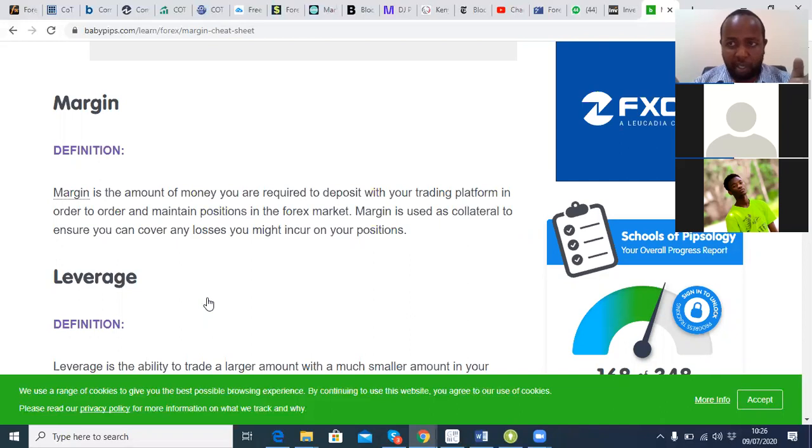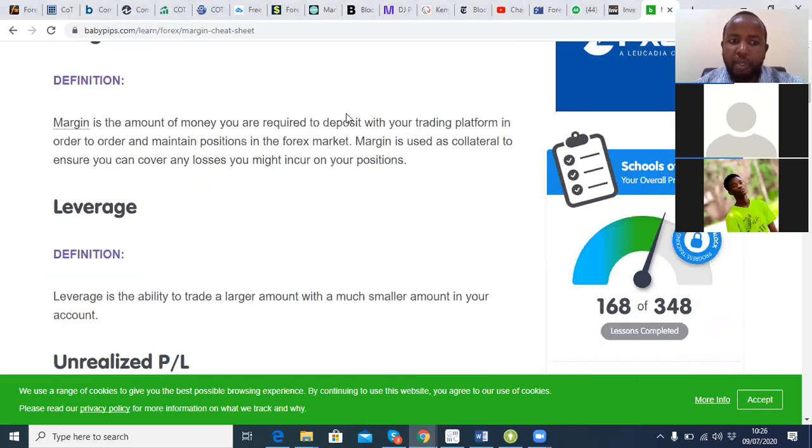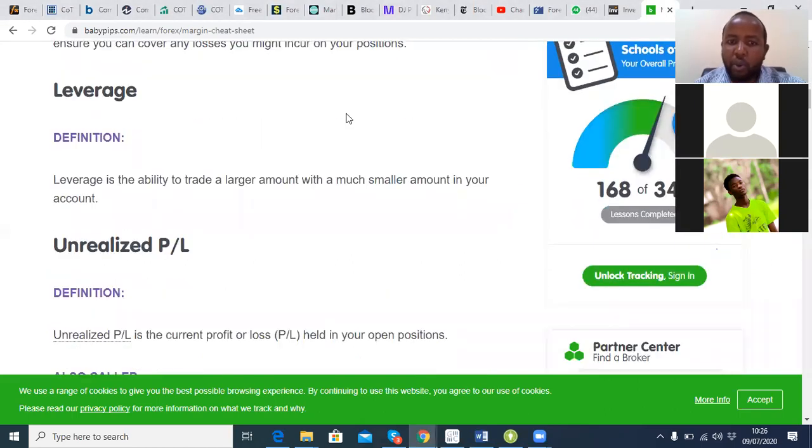Same case with leverage. Guys, kindly mute your end. So margin is the amount you're required to deposit. Then leverage, the ability to trade a larger amount with a much smaller amount in your account.